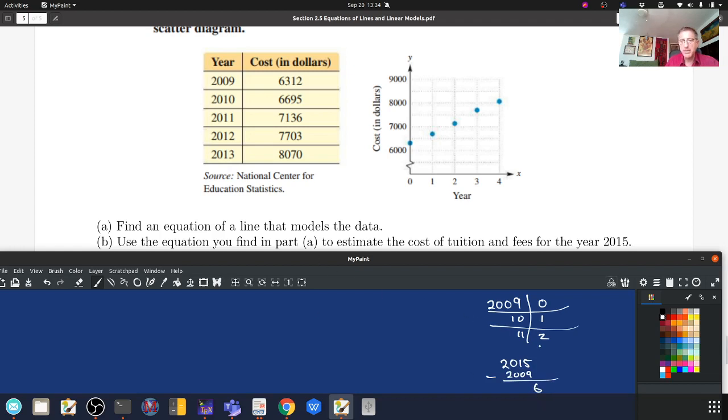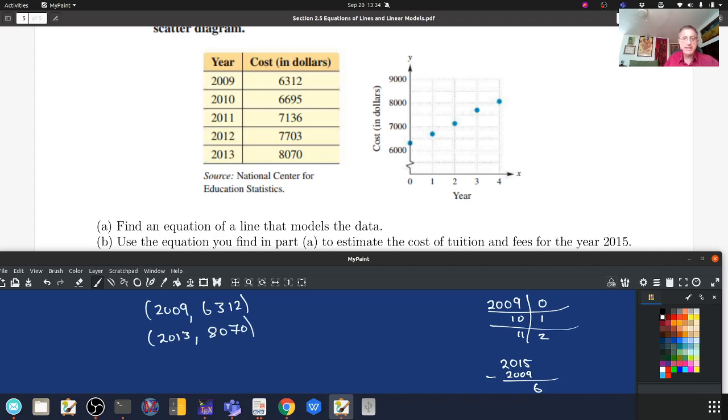So we'll do it that way, because for the second part, you could just plot the point as, first point is 2009, 6312, and the last point would be 2013, 8070.